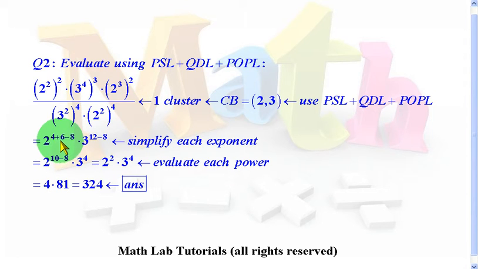So again, we have a simple integer string here, simple string here. We're going to evaluate each string. We get 2 to the power of 10 minus 8, and we get 3 to the power of 4, and then 2 to the power of 2 dot 3 to the power of 4 is 4 times 81, which evaluates to 324. So let's go on to another problem.